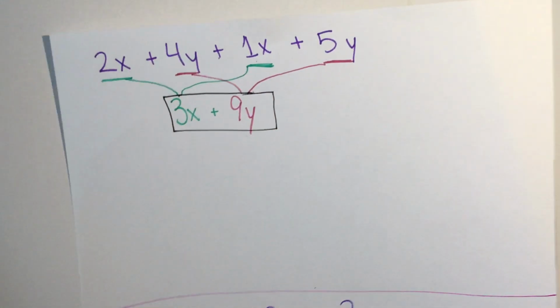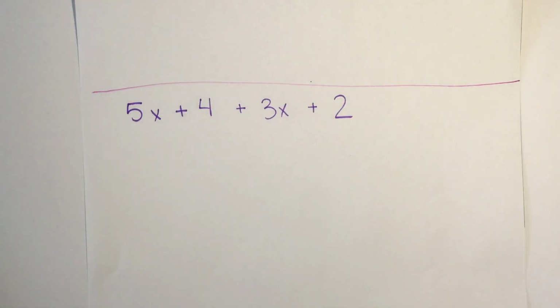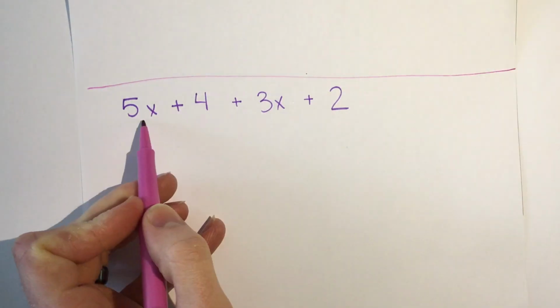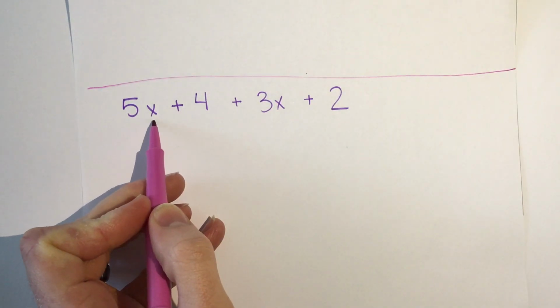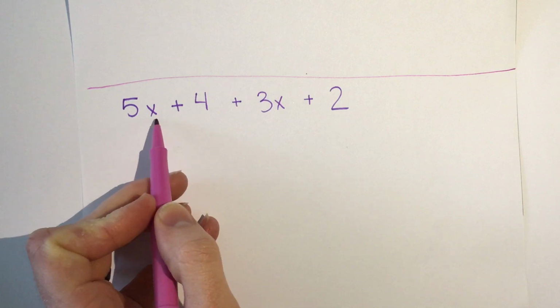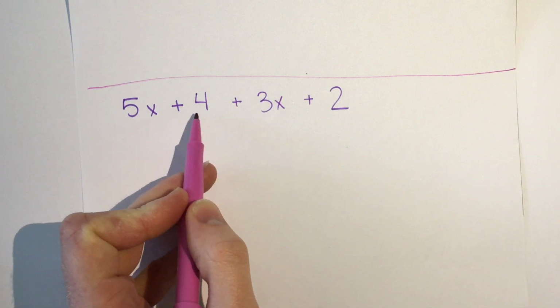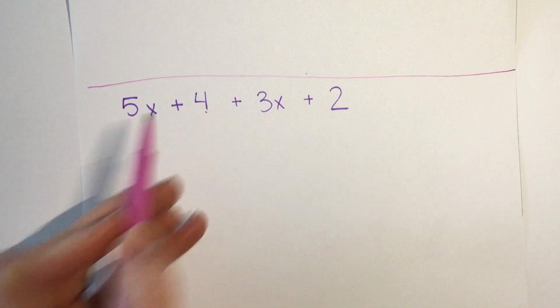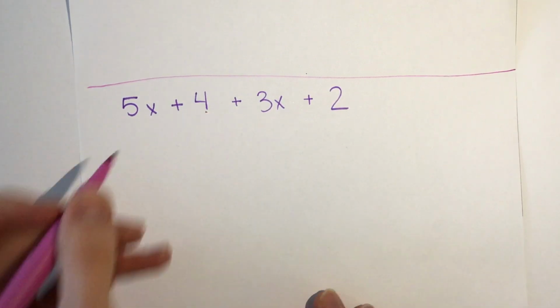The other thing that might come up is we have variables, but also numbers without variables. Imagine again that the x's are apples. If we have 5 apples plus just the number 4, we can't combine a number with a number of apples. They just stay separate.